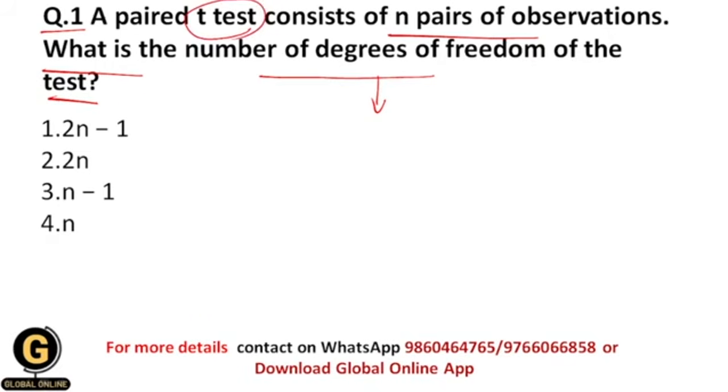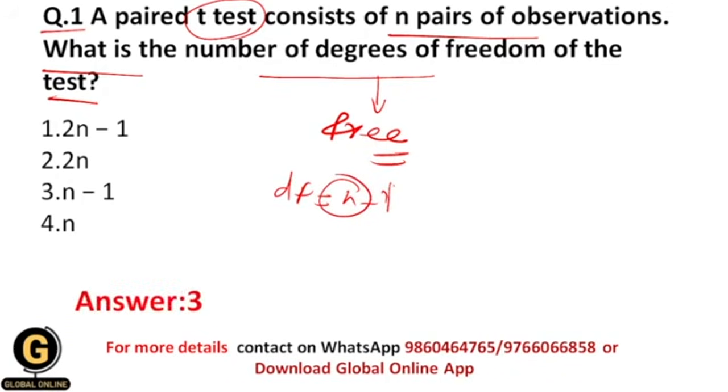Degrees of freedom means the free pieces of information of the data, and this is very important. For a paired t-test, the formula for degrees of freedom is df = n - 1, where n is the number of pairs of observations, and that's why your correct answer here should be 3, because n - 1 is the formula for degrees of freedom in a paired t-test.